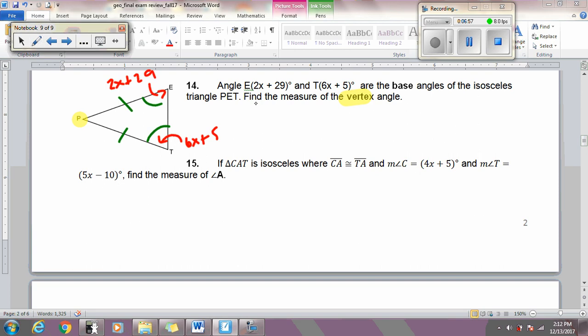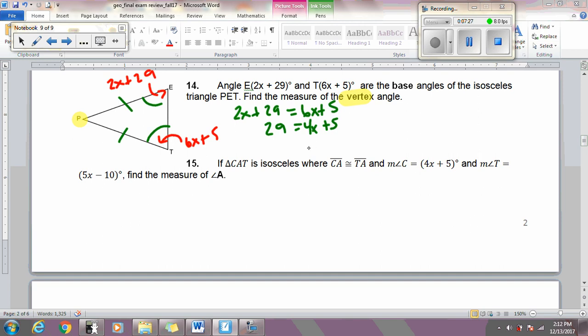We have to find X first, substitute it back in before we can find P. So let's get started. To find X, we're going to take 2x plus 29 and equal it to 6x plus 5 because those two angles are congruent. Then I would subtract 2x from both sides, so that I would get 29 is equal to 4x plus 5.